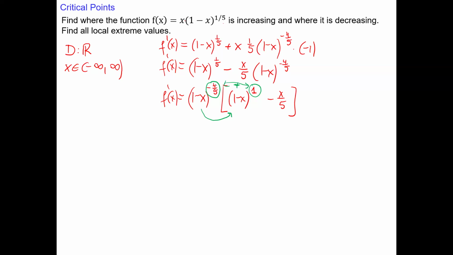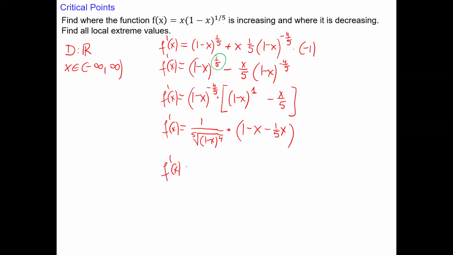Negative 4/5 plus 1 is 1/5. That's how we get back this one. But of course, we will not distribute this. We can leave it as a product. Now again, this expression is 1 over the 5th root of the quantity (1 minus x) raised to the power of 4, and this quantity is 1 minus x minus 1/5 x.